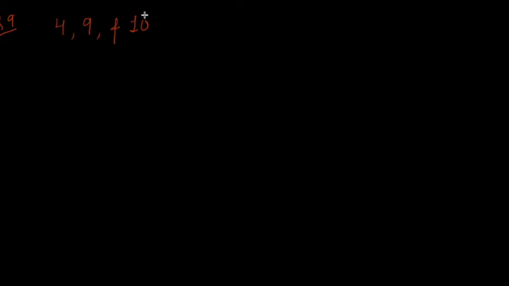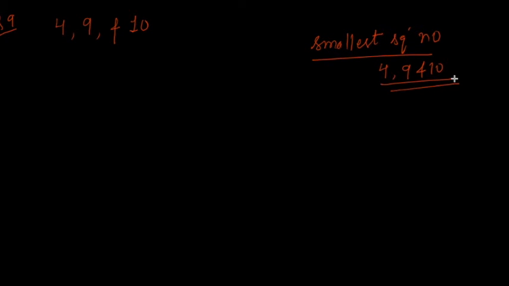You have to find the smallest square number that will be divisible by 4, 9 and 10, all these three numbers. So if I calculate the least common multiple, that is the LCM of 4, 9 and 10, I will get to know. So first thing we will be doing is calculating the LCM of 4, 9 and 10.